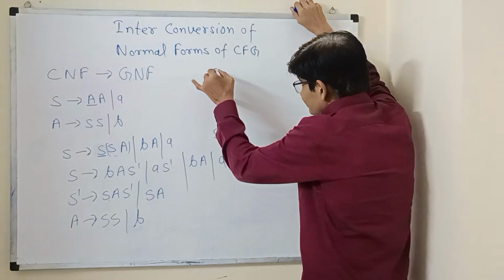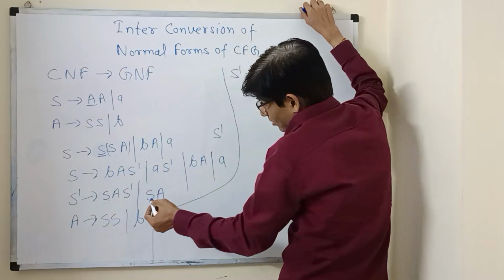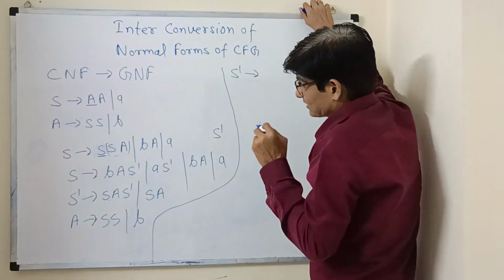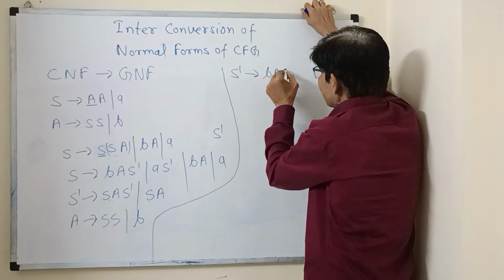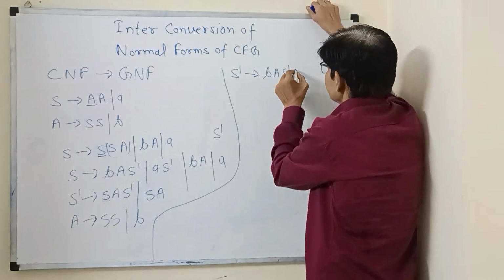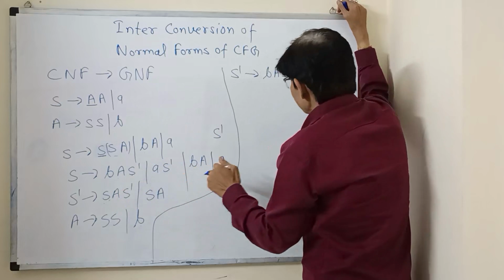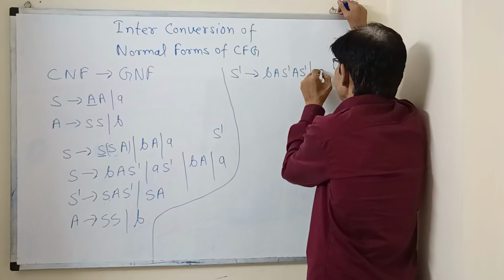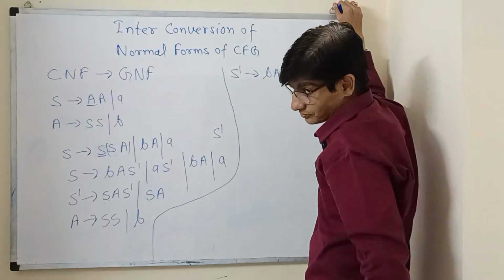So I can have S' gives, first here we will place all these productions. So I can write S' gives BA S' A S'. Then we can have A S' capital A S'.